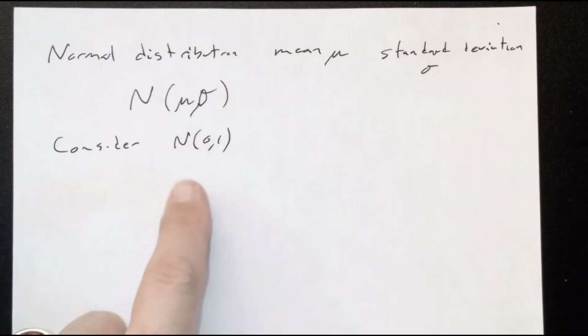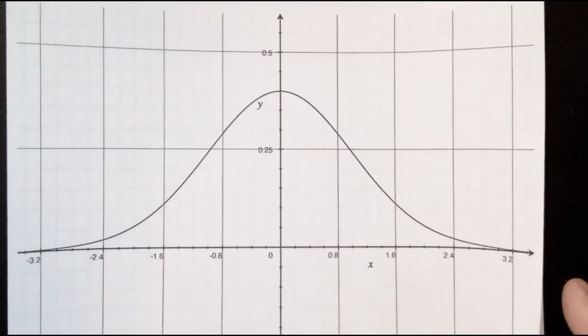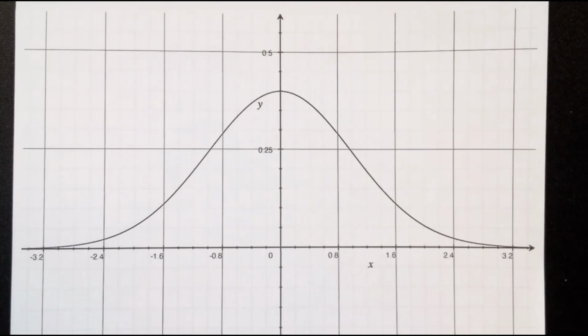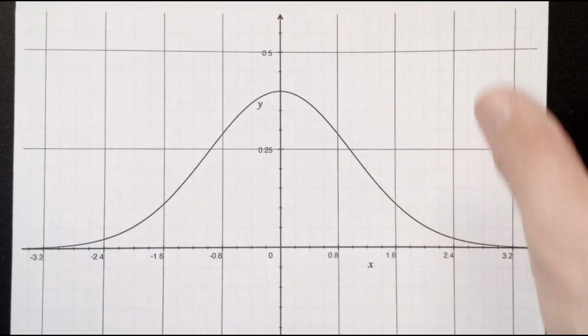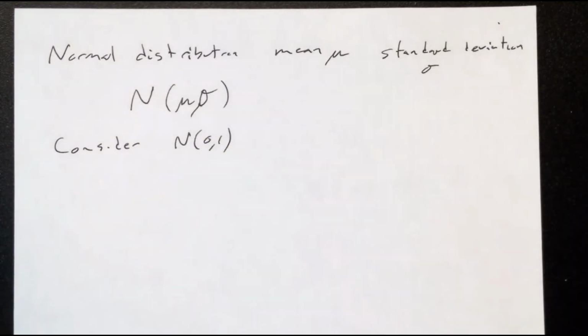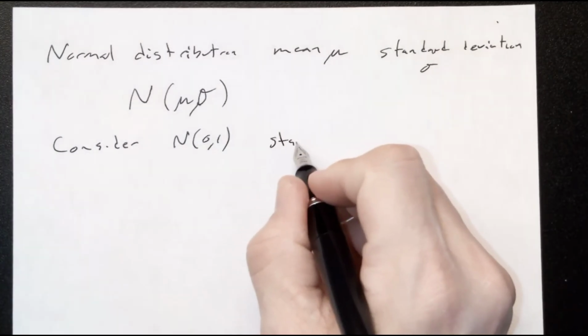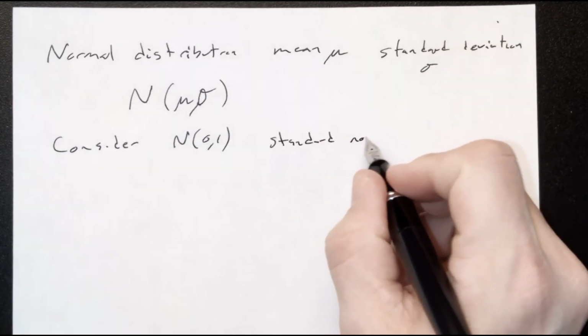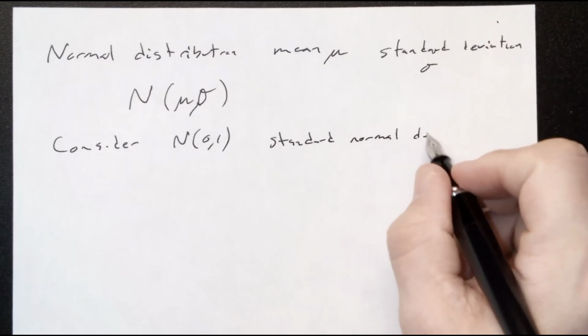That function is this one. That's centered at 0, and its standard deviation has width 1. That's exactly the picture I want to use when I'm using this particular standard deviation and mean. I like this one so much, I'm going to call it the standard normal distribution.